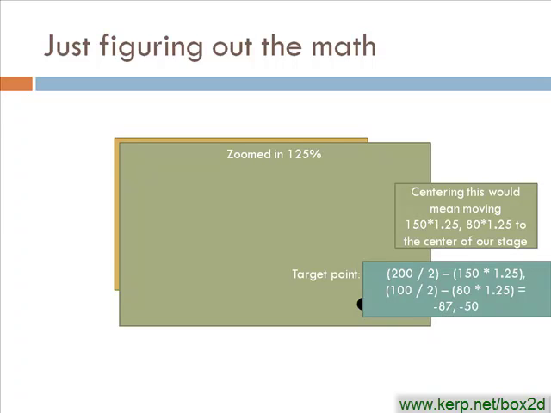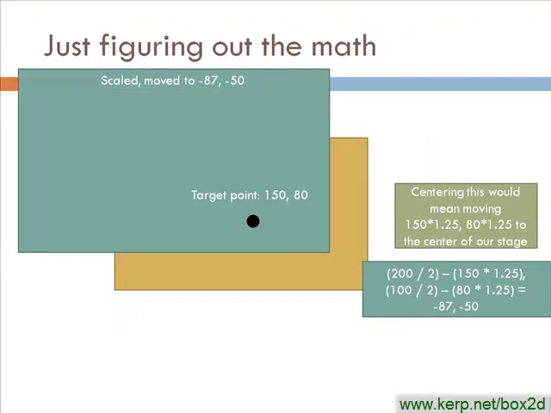Now the center of our stage hasn't actually changed. That's still 100, 50, but we're going to subtract from that this 150 times 1.25 and 80 times 1.25, which basically gives us the results of minus 87, minus 50. Doing something like that to our scaled camera ends up looking something like this, and our target point ends up somehow magically centered onto the stage.